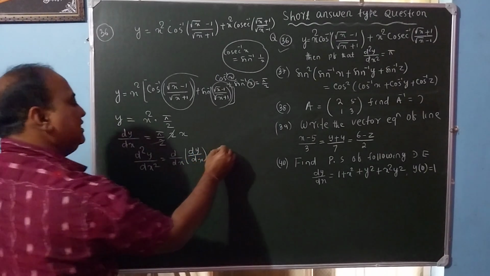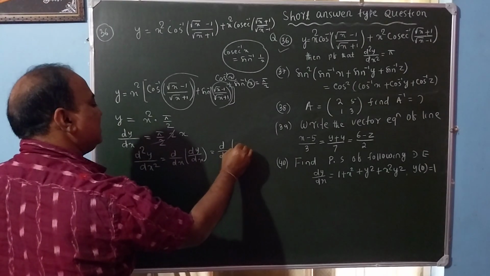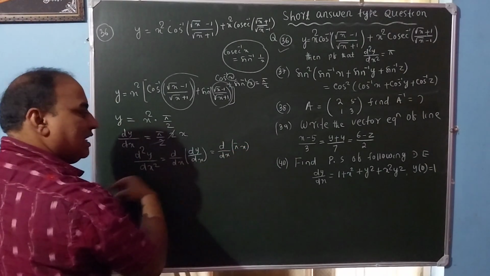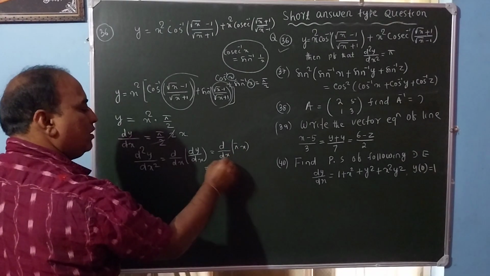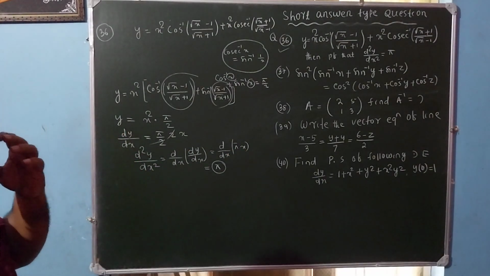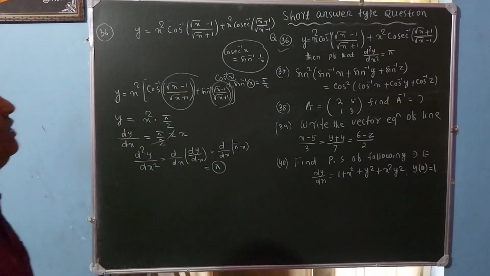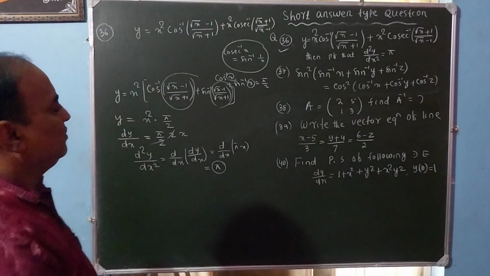So here it is d by dx of pi x. Pi is a constant that will be coming outside. Derivative of x is 1. So the answer is pi. So d square y by dx square, the result is pi. So question number 36 is completed.